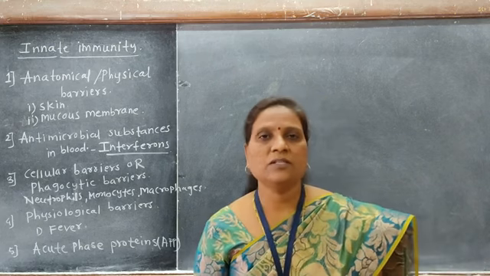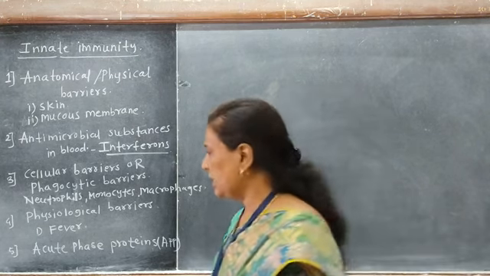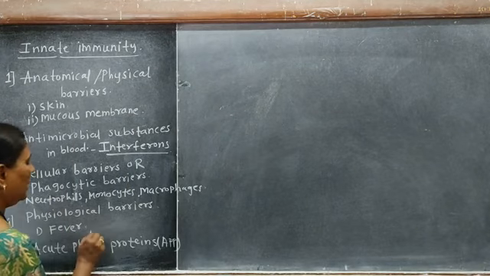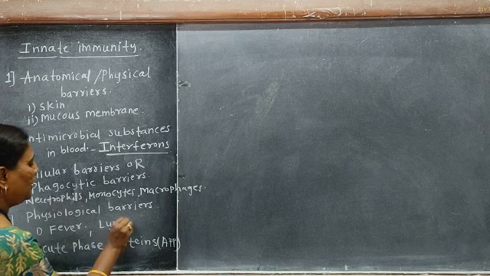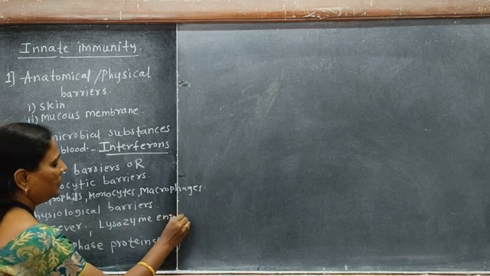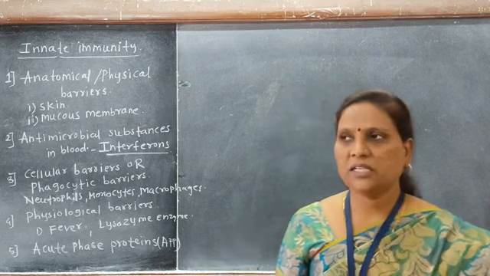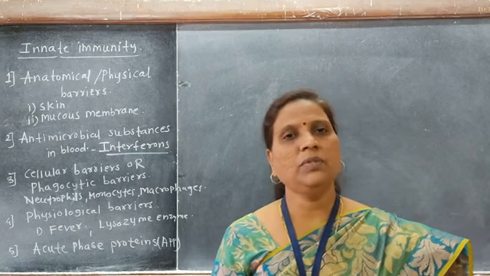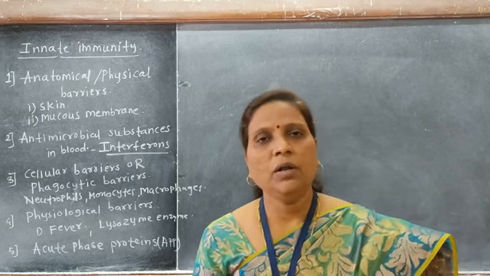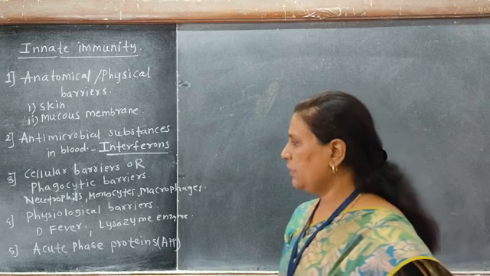Along with this, the lysozyme enzyme is present in the tears, secreted by the lacrimal glands. It protects our eyes from bacterial infections. So this is about the physiological barriers.